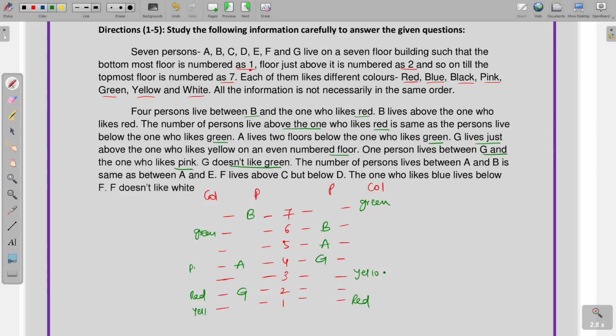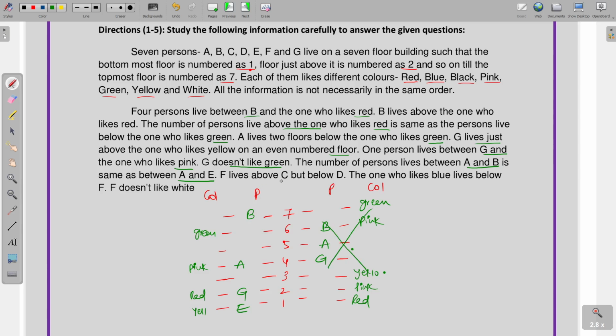So between G and pink there is one person, and pink follows here and also pink comes here. There are 2 possibilities. Next, the number of persons between A and B is the same as the number of persons between A and E. Between A and B there are 2 persons and A is placed here. Here I don't have any place to fix E, so this possibility is not correct.